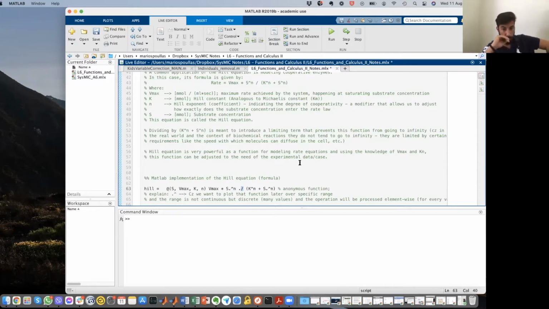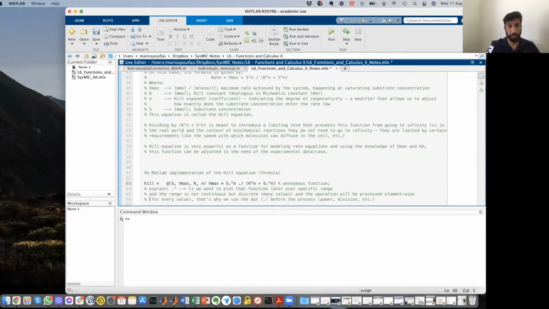You might be wondering, why are we using the dots here? I'm explaining below. I took those notes. Basically, we want to plot the function later over a specific range, and because this range is not continuous but a discrete one, which means there are a lot of values, the operation will be processed element-wise for every single value.